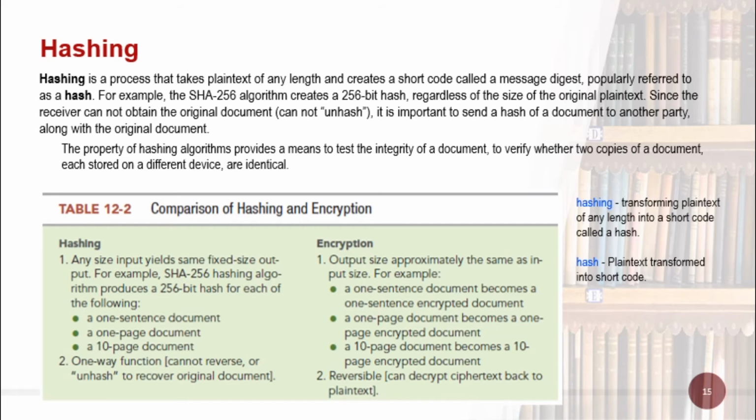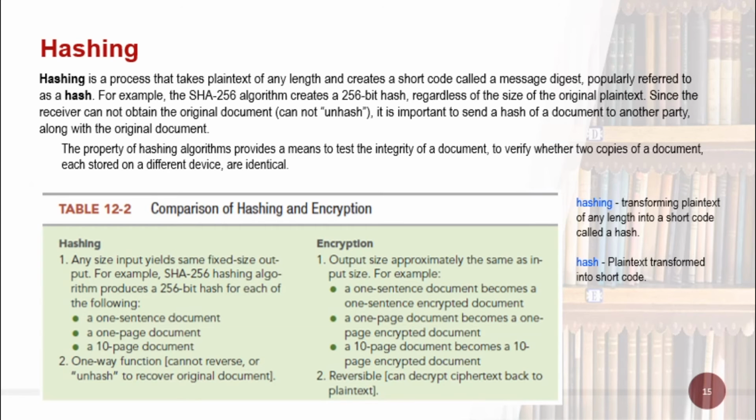The property of the hashing algorithm provides a means to test the integrity of the document, to verify whether two copies of a document stored on different devices are identical. So when the receiver checks the document using hashing, if the hash is identical, it means the document is original, the same as the one being sent.